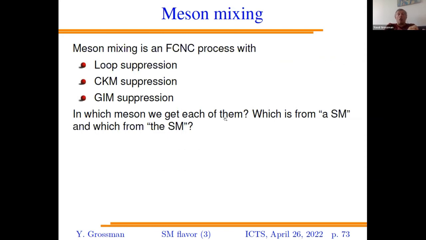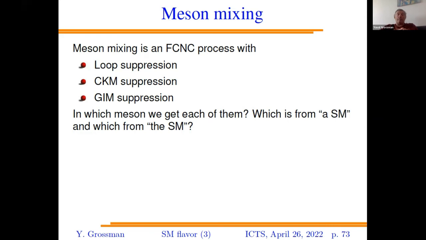So let me conclude this lecture by saying that meson mixing is a very important process because it's a flavor change in neutral current. And we have loop suppression, CKM suppression, and GIM suppression. Okay? And I know it's really late, but I still hope that someone can answer this so I see that my point came along.